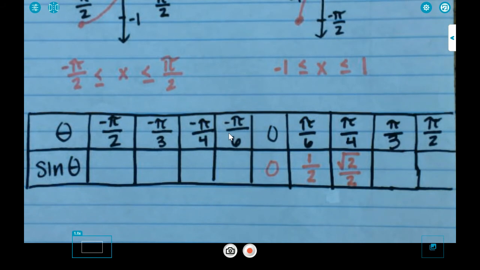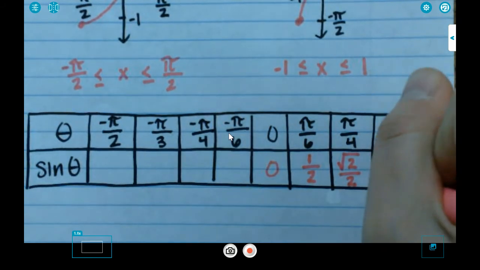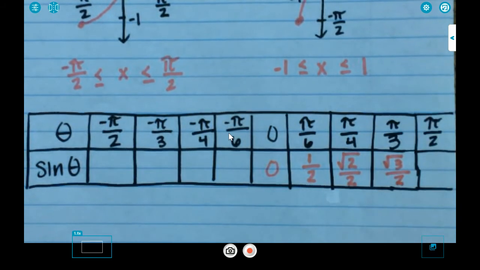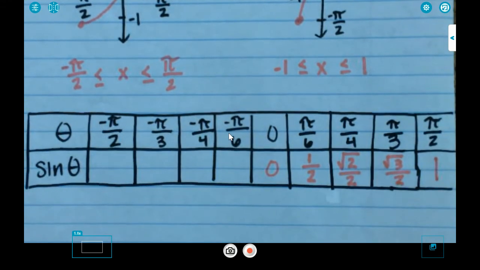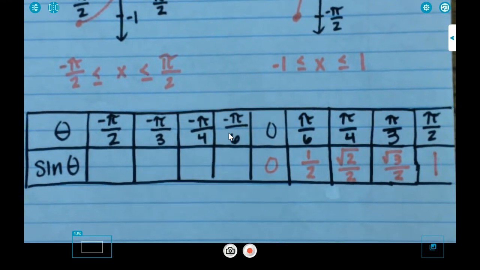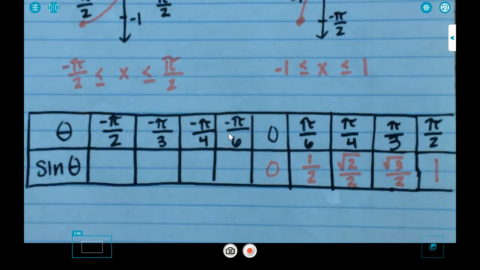Sine of pi over 3 is square root of 3 over 2. Sine of pi over 2 is 1. So these are the same values of sine for 0, 30, 45, 60, and 90 that we've been using all semester.